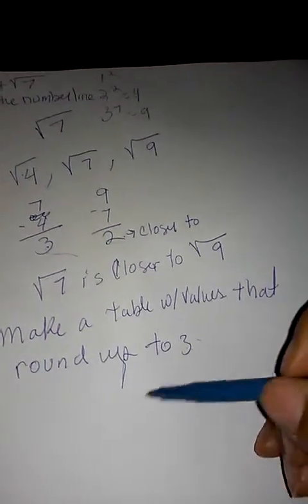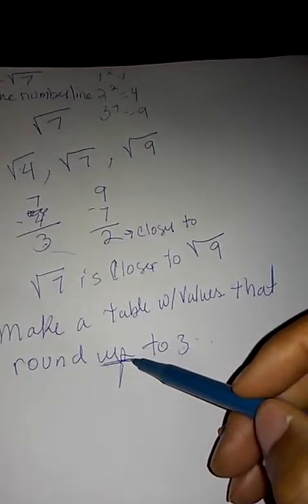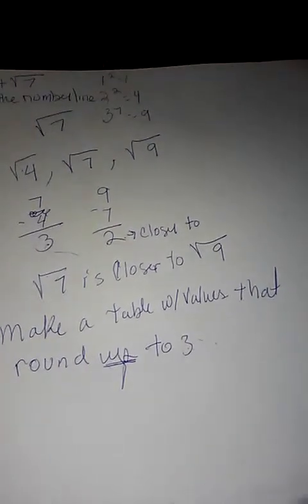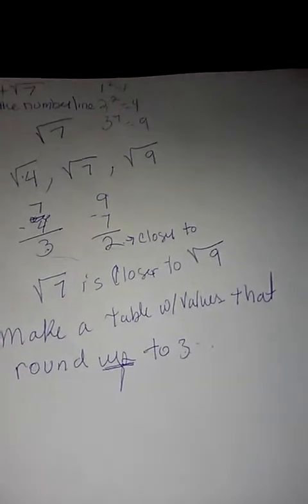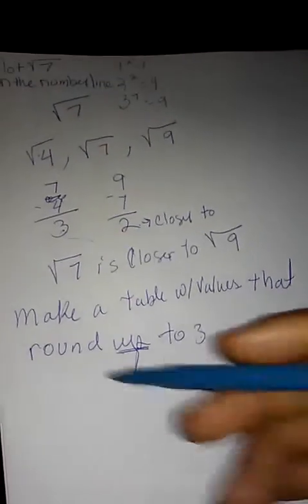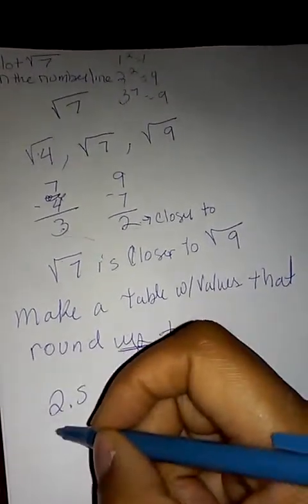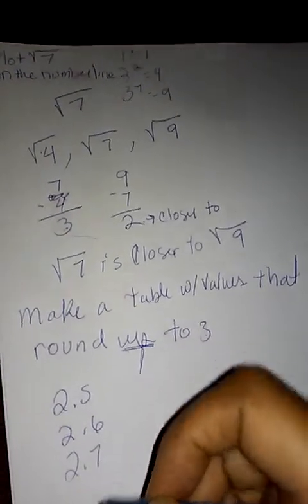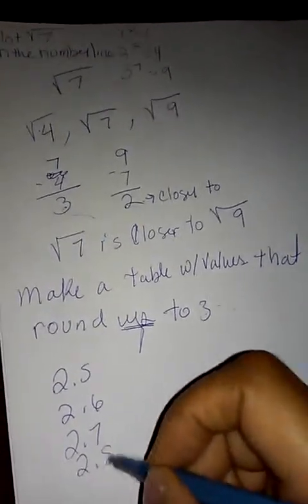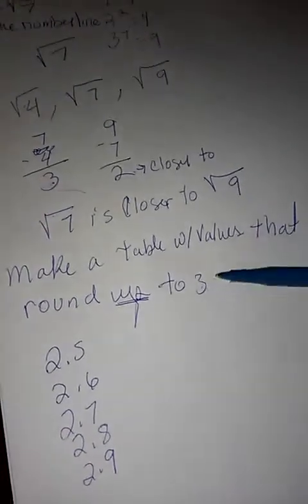If my table is going to round up, I know that those values are going to be smaller than 3. So then my values will be 2.5, 2.6, 2.7, 2.8, 2.9, and we know that 3 is 9.